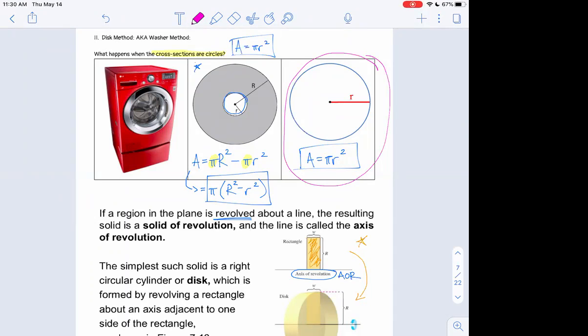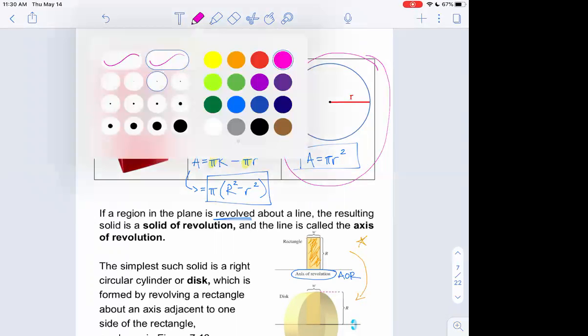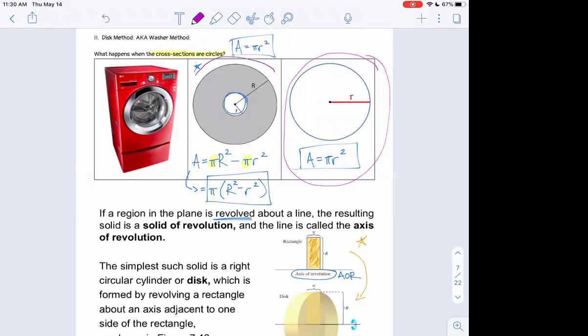And what we're going to move on to now, and we'll finish this on Tuesday of next week, is the case where there's a hole in the middle. And because there's a hole in the middle, this case is often called the washer method, okay? So we've seen disk method, and now we're going to take a look at washer method.